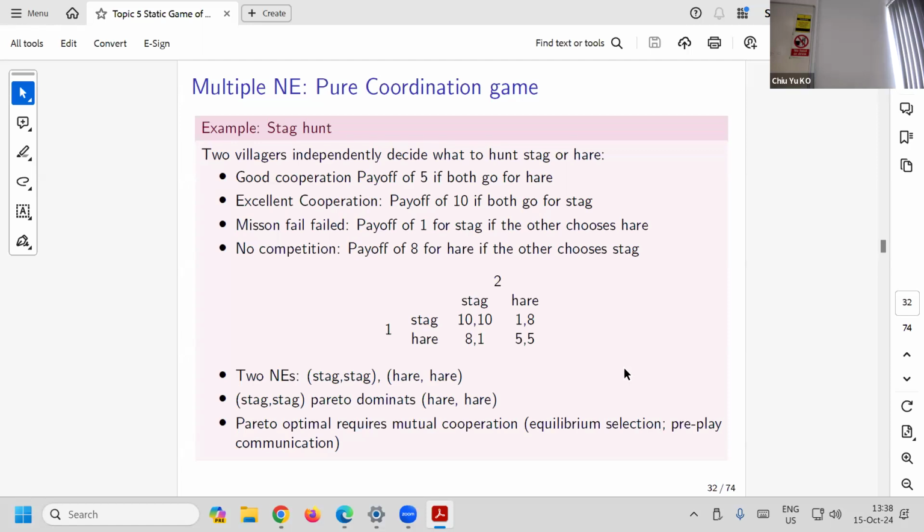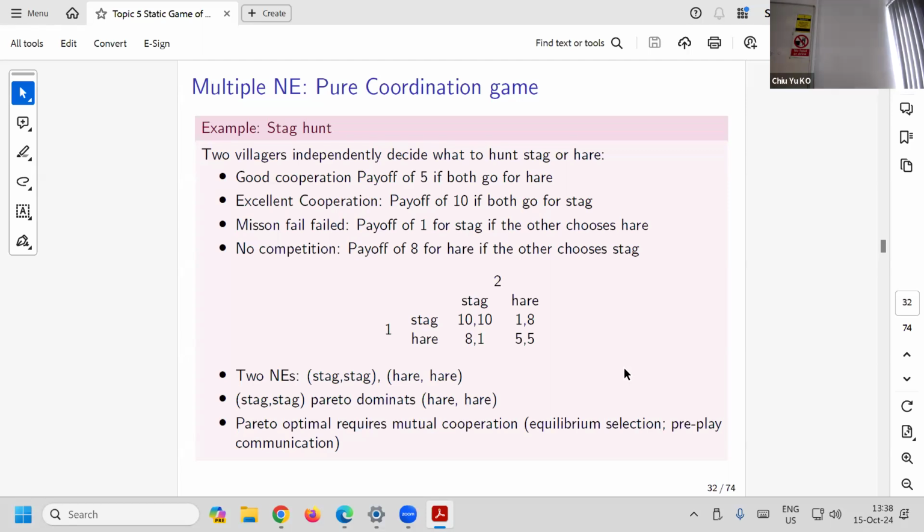And in this particular case, you can see one is better than the other, right? In terms of Pareto dominance. 10 is better than 5, 10 better than 5. So this is more efficient than this one. So the question would be, which is your prediction, right?